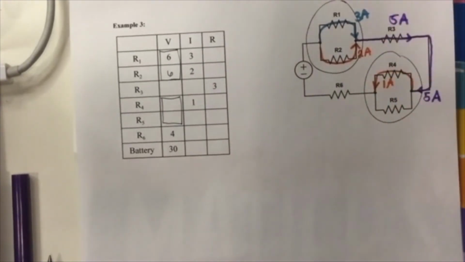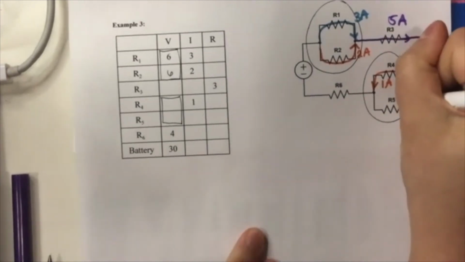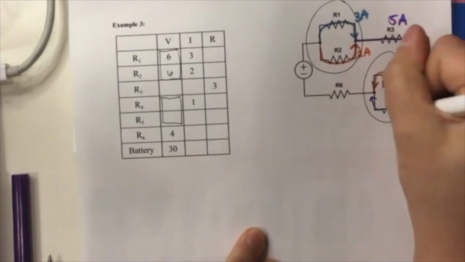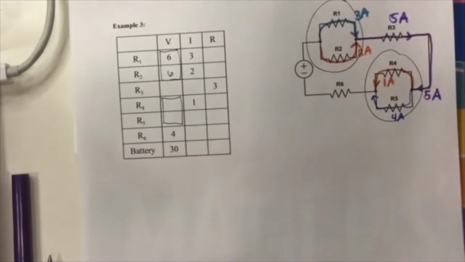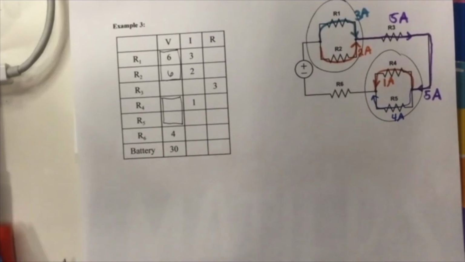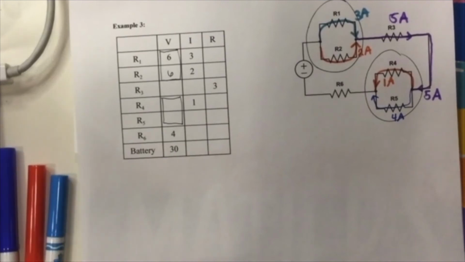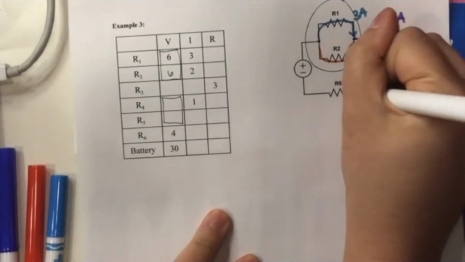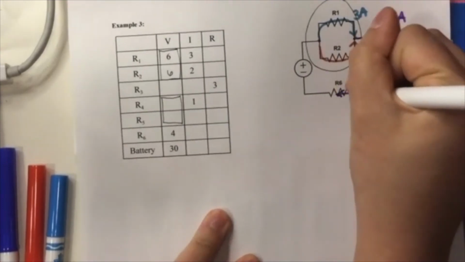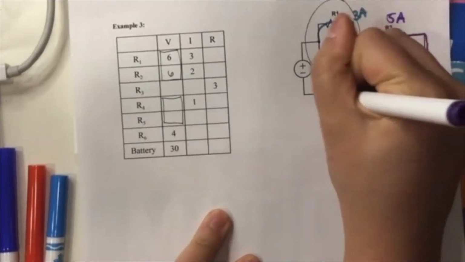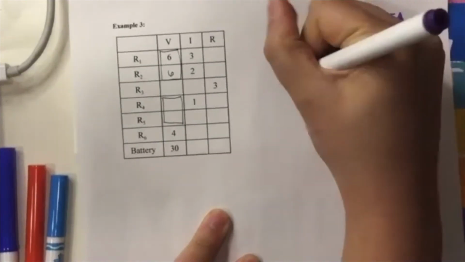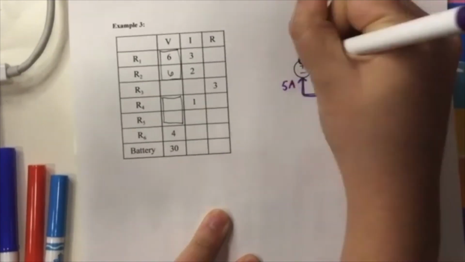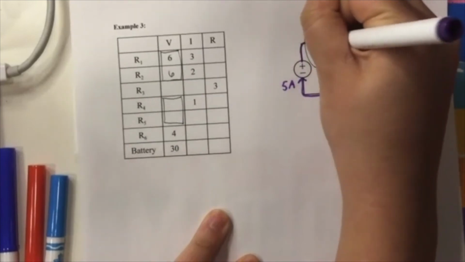That means it must have put 4 amps going down through R5. At the next junction, they all recombine. So what I want you to imagine is their current is just recombining and combining as it goes through. 5 amps then flows through R6. 5 amps then flows through the battery.